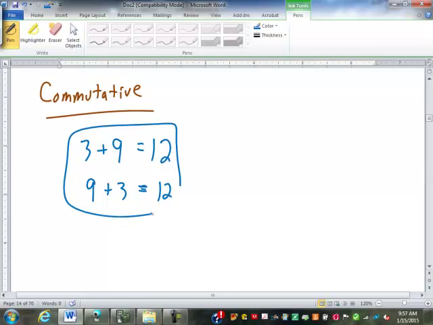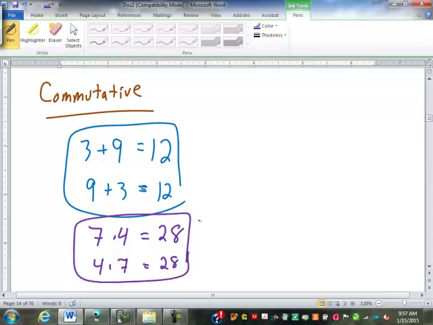So addition is commutative. Likewise, if I did 7 times 4, what do I get? 28. If I switch those and did 4 times 7, do I get anything different? No, I still get 28. Therefore, multiplication is commutative.